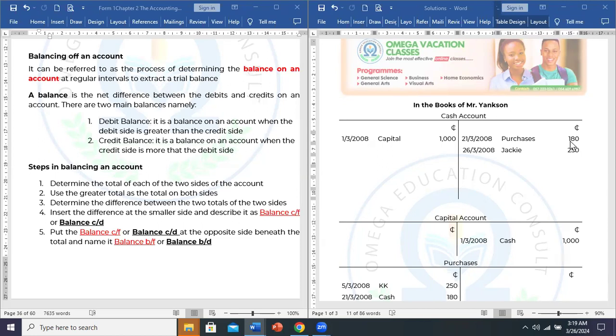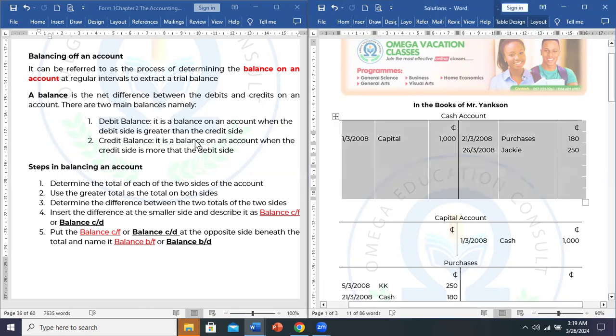If you add 180 and 250, that will give you 430, compared to what is on the debit side, which is 1,000. So the debit side is more than the credit side, and this account would have a debit balance. If we look at the capital, the credit side is 1,000, the debit side is 0. So this capital account would have a credit balance.